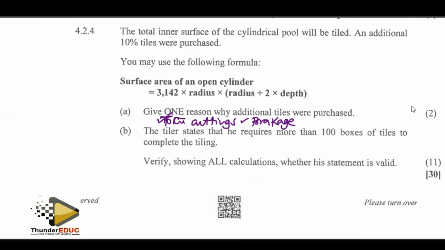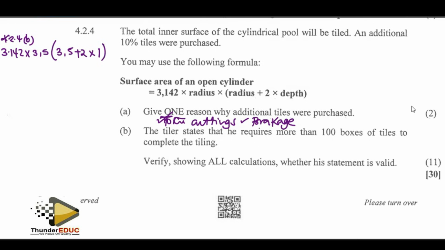I'm doing question number 4.2 part B. First and foremost, we shall look for the area, whereby we shall say 3,142, which is the pi, times the radius. We've already seen it as 3,5 into brackets 3,5 plus 2 times the depth.